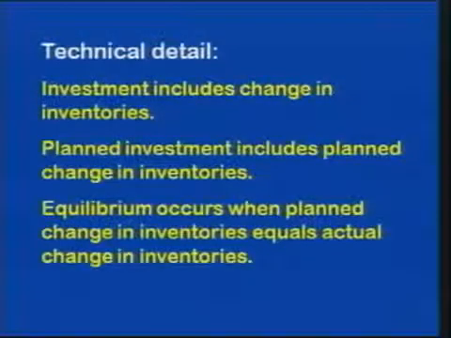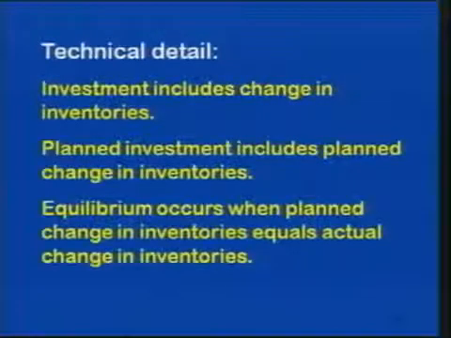On the other hand, if another firm had planned to increase their inventory by 5%, and then experienced that their inventory actually rose by 5%, that's what they planned. They're not going to adjust their production process in response to that.